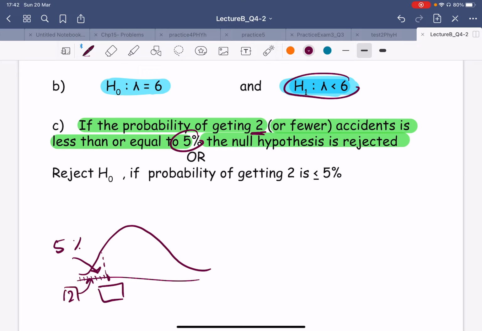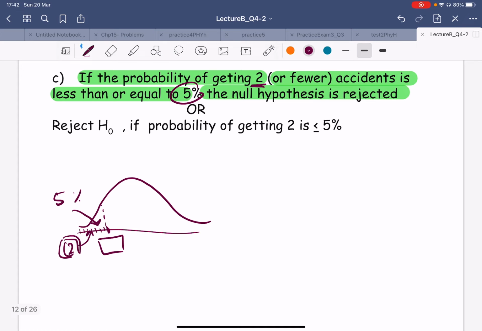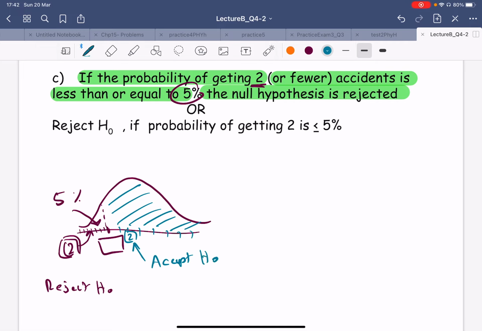If 2 is outside, then we reject H null. But if 2 is somewhere here, then we accept H null. So we have to test that, right?